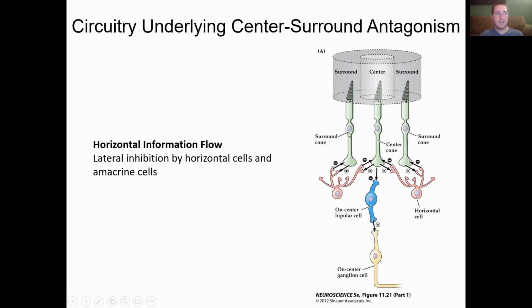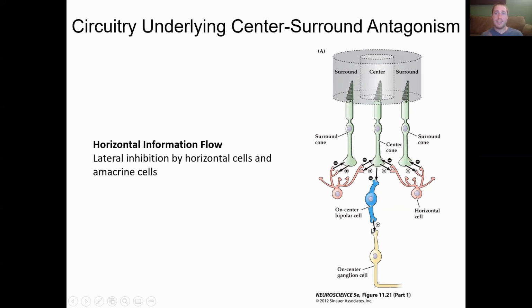Cones in the surround excite a horizontal cell, which then inhibits the center. So if you don't have anything in the surround, you don't have inhibition. Once you start shining light in the surround, the horizontal cell is able to inhibit the center. And the same thing can happen with an amacrine cell. It would just happen at this synapse here between the bipolar cell and the ganglion cell.